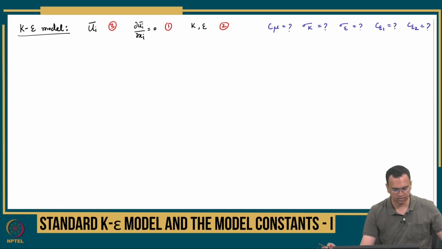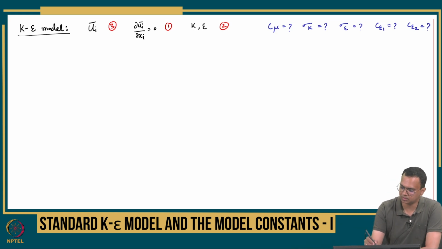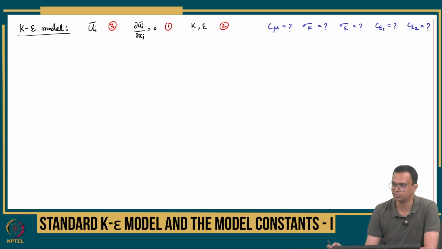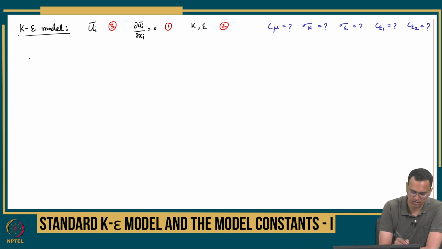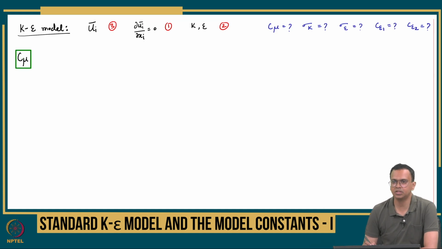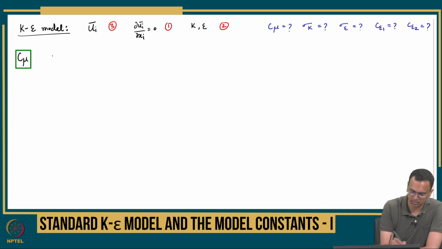For that, I'll start with the first one, which is C mu. To get C mu, this occurs in the eddy viscosity equation, right? So nu T equals C mu K squared by epsilon.